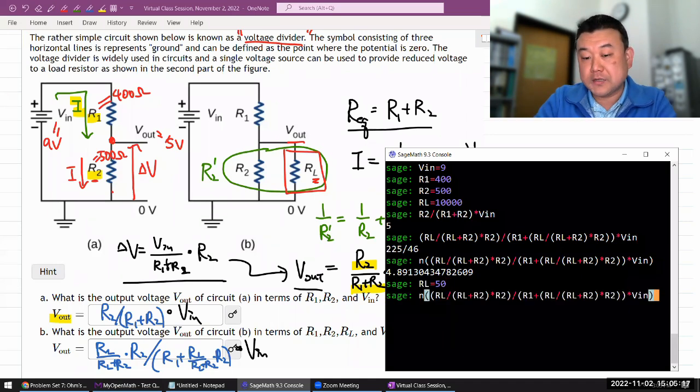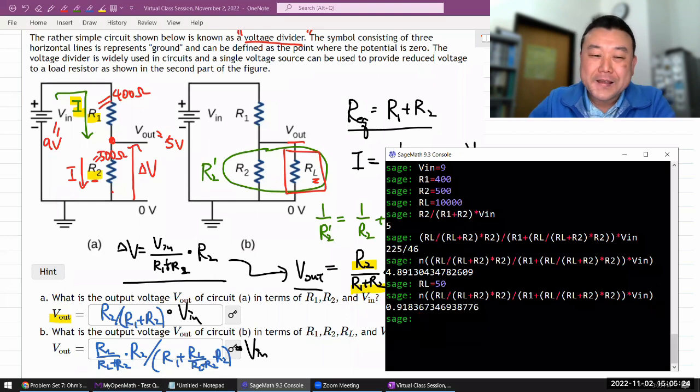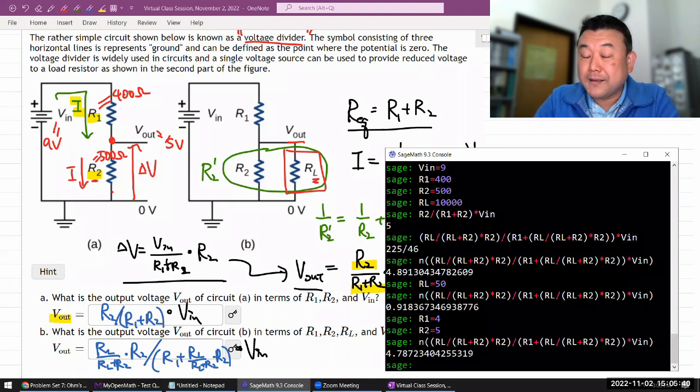Then that same expression now gives 0.92 volts. So you might think, okay, I guess I want these resistances to be really low. So let me say R1 is 4 and R2 is 5, so that when I'm using it with the RL of 50 ohm, it'll work fine.